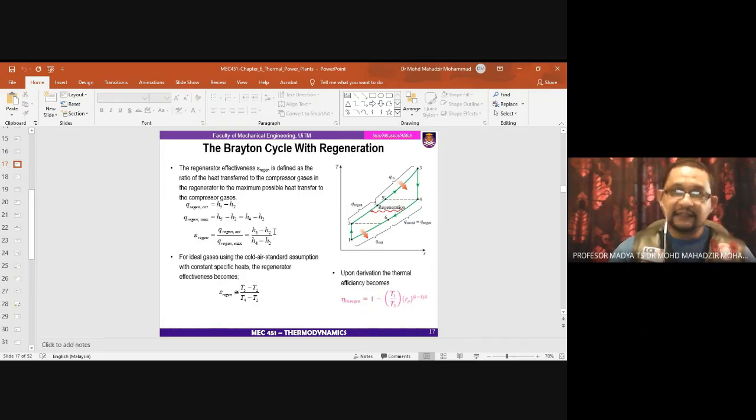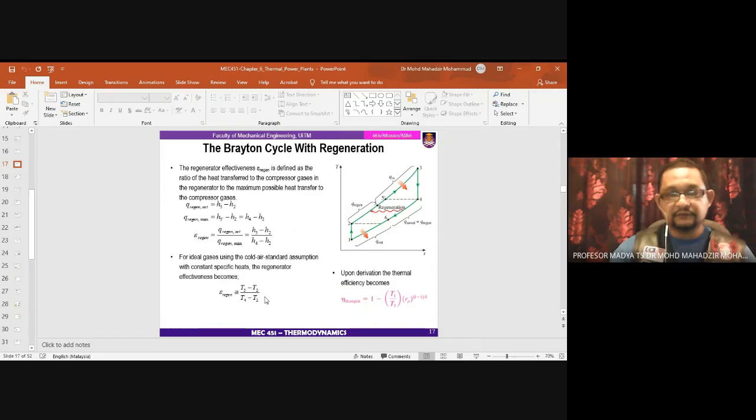You know the enthalpy formula, delta H is equal to Cp delta T. So put Cp delta T into the delta H equations, and lastly these equations will become T5 minus T2 over T4 minus T2.